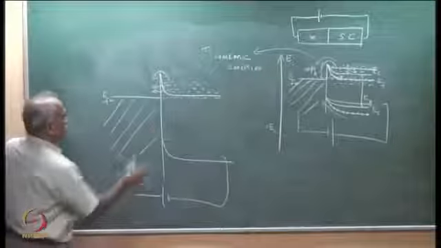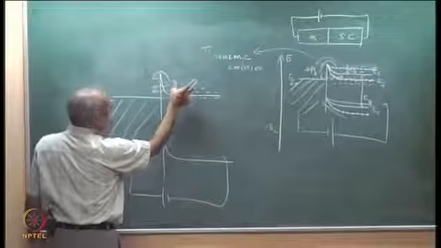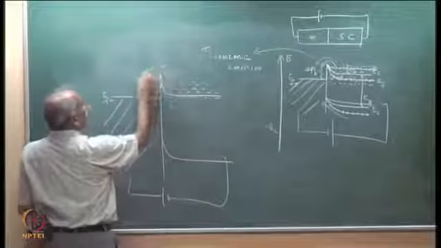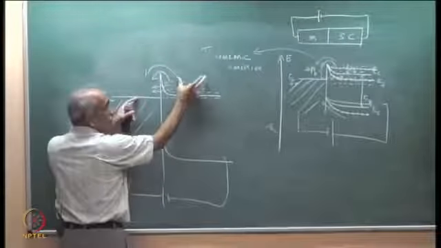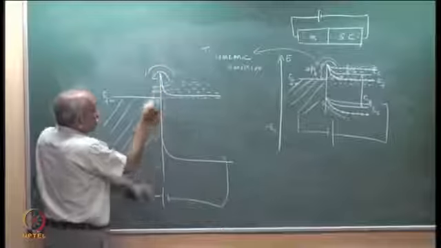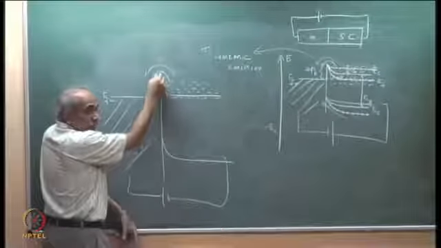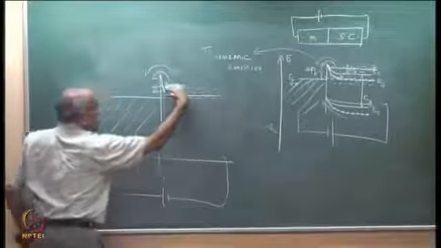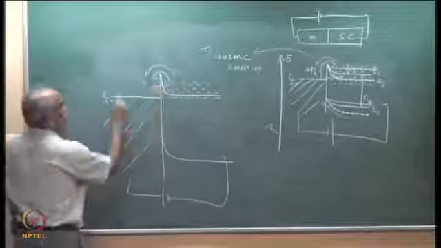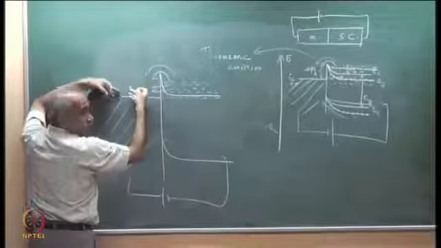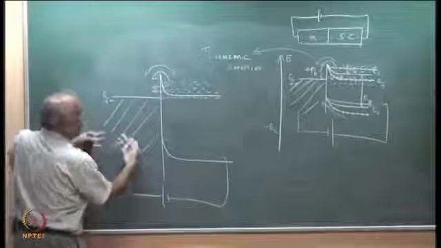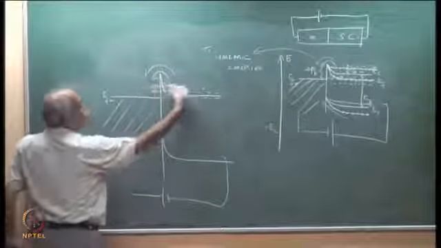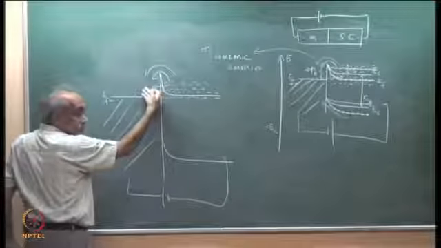If I forward bias, this will be raised and electrons can get poured into this side. It's like water: you are raising this, water is getting poured, but also because the barrier width is very small, tunneling can take place to this side. These are all vacant states on this side. This is filled states, plenty of electrons. So you can have electrons tunneling in this direction.